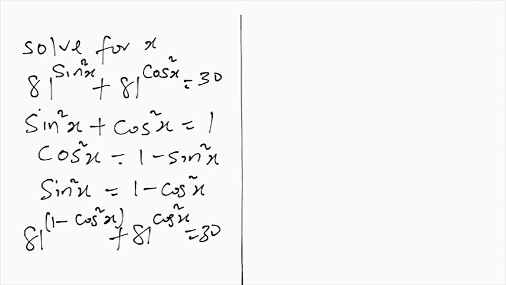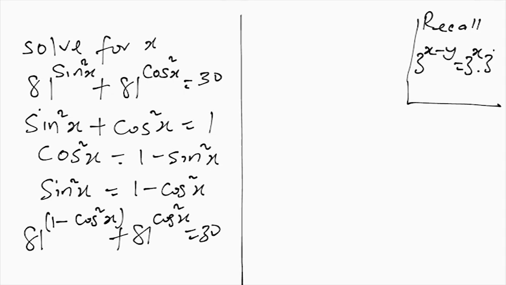Now, the next thing I want to do is, according to the law of indices, I can decide to split. Let me just recall the law of indices. When we have 3 raised to the power of x, according to that law, it is the same thing as splitting it into a product. That's what we use here.